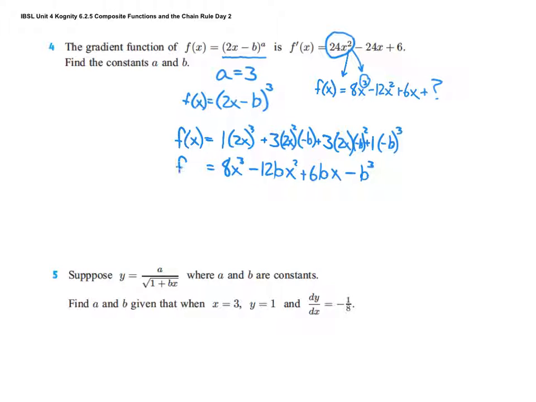Now that right there is still just f of x. Why is the second one just b in that b squared? Or the third? Because I lost the square. There you go. Okay?